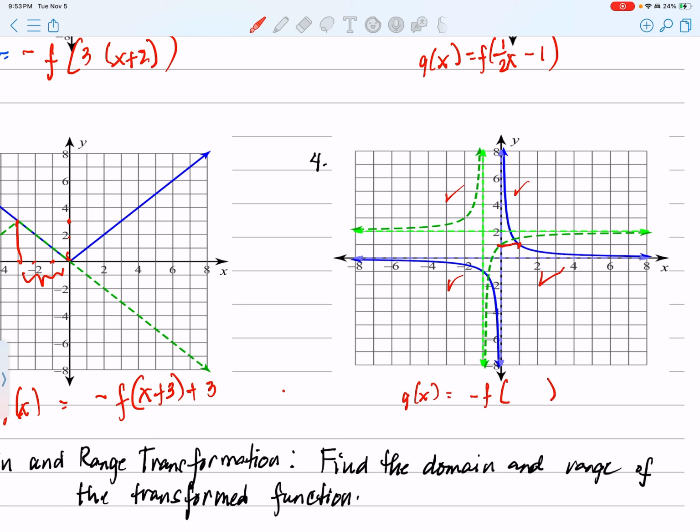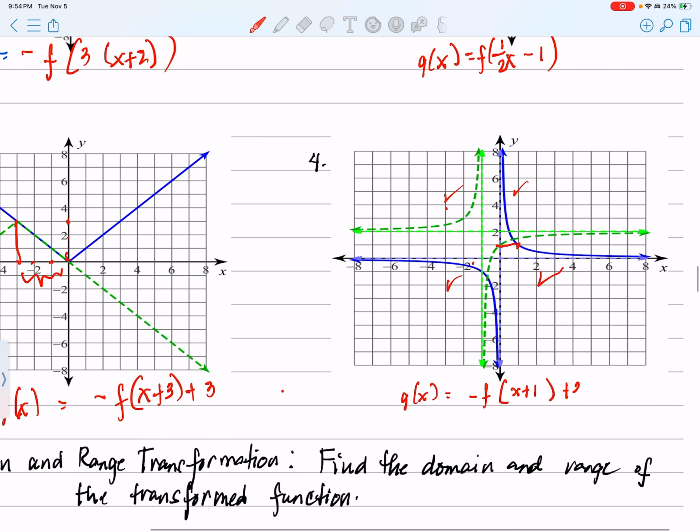So that is 1 unit to the left and move up +2. So if I do this, that's the reflection of that. Okay, so it will be +2. All right.